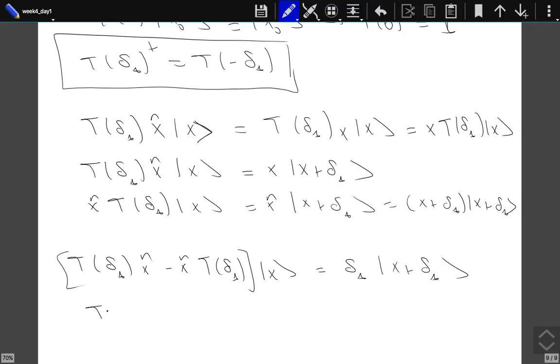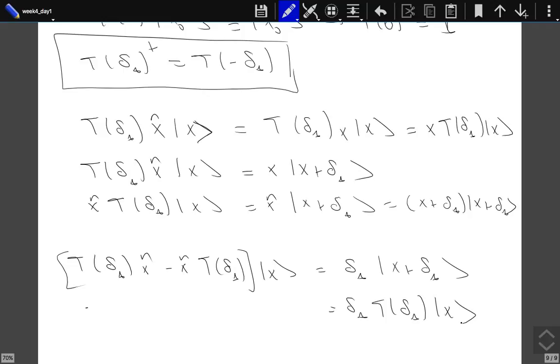Or T of delta 1, well, let me rewrite it in a different form. This is equal to delta 1 T delta 1 of |x⟩. This should be true for any ket x. Well, these kets form a basis.